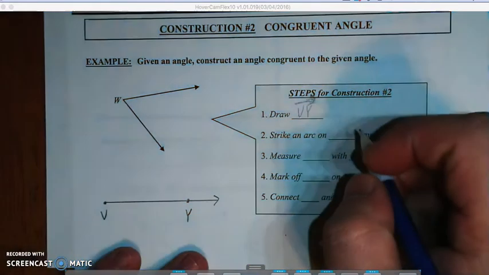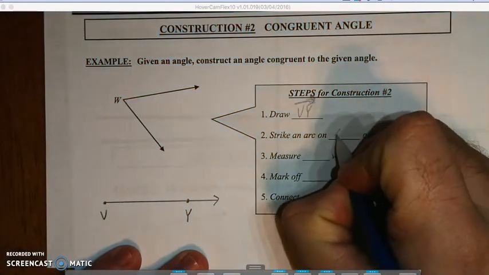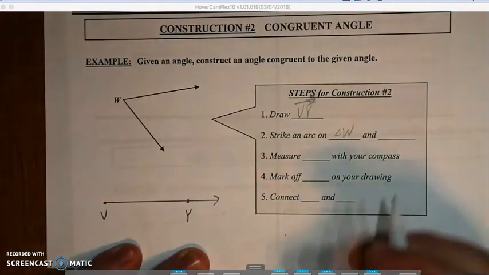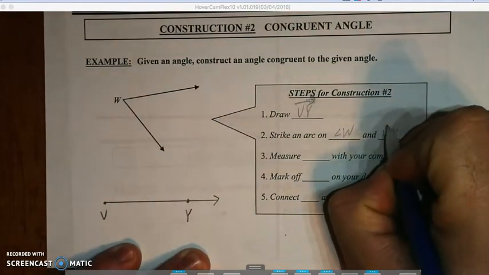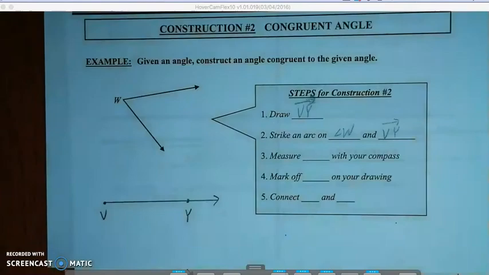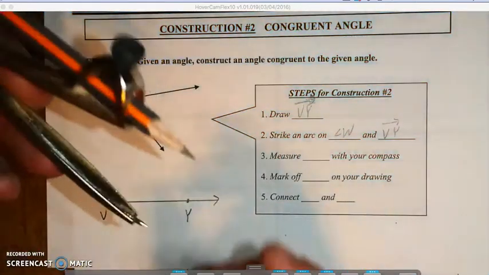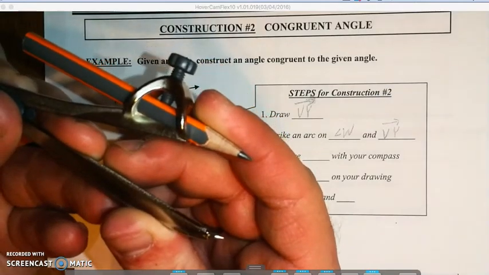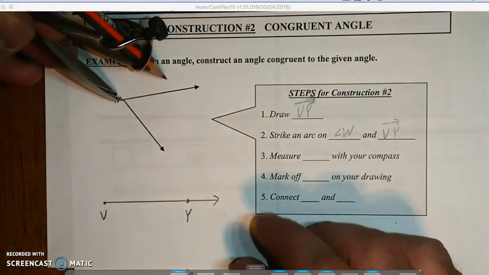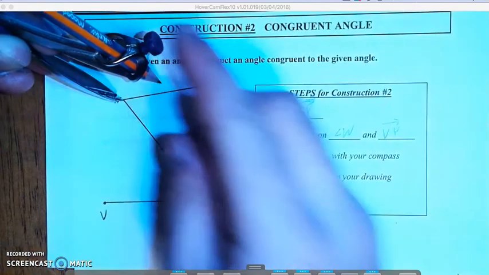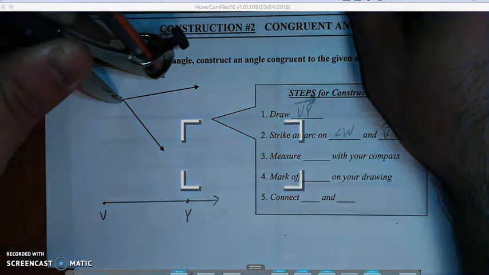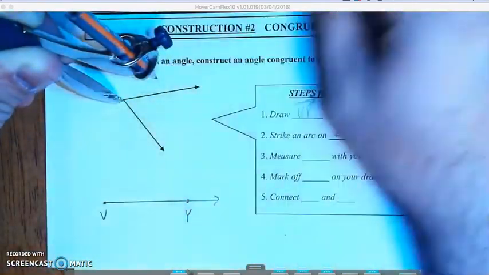Then we want to strike an arc on angle W and ray VY. So we take our compass. I have to close mine up a little bit. I'm going to strike an arc that goes on this angle. I'm going to shorten up a little bit more.